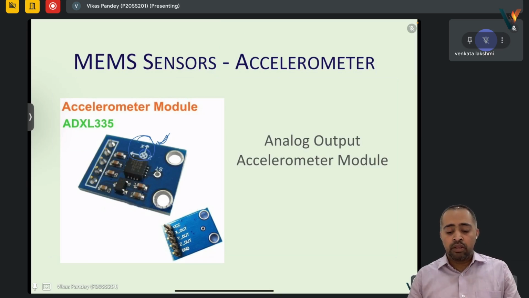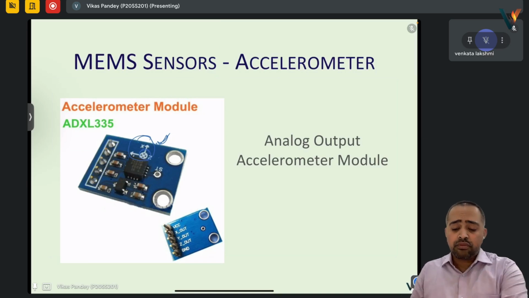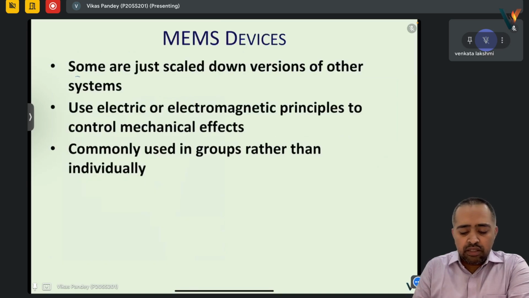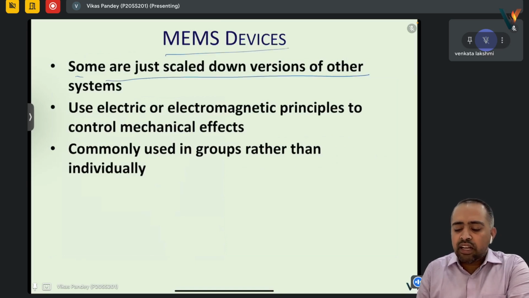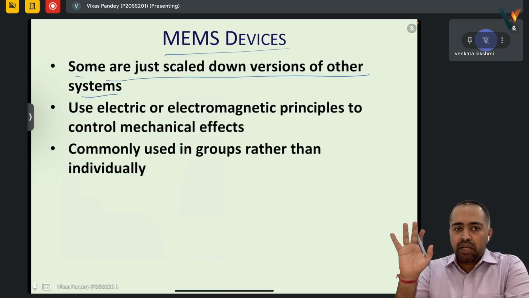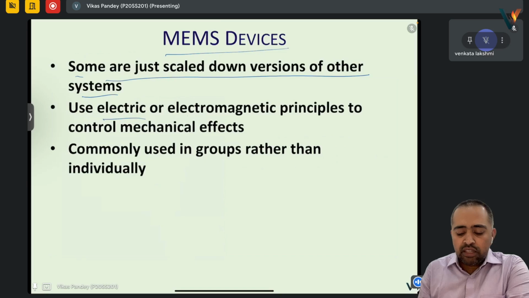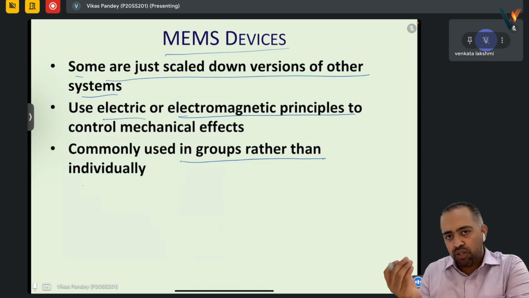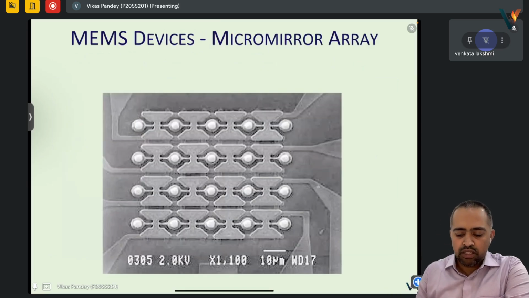We can say that some of the MEMS devices are just scaled down versions of other big mechanical systems. They use electrical or electromagnetic principles to control mechanical effects, commonly used in groups rather than individually, like just making one device. That is not what is intended.